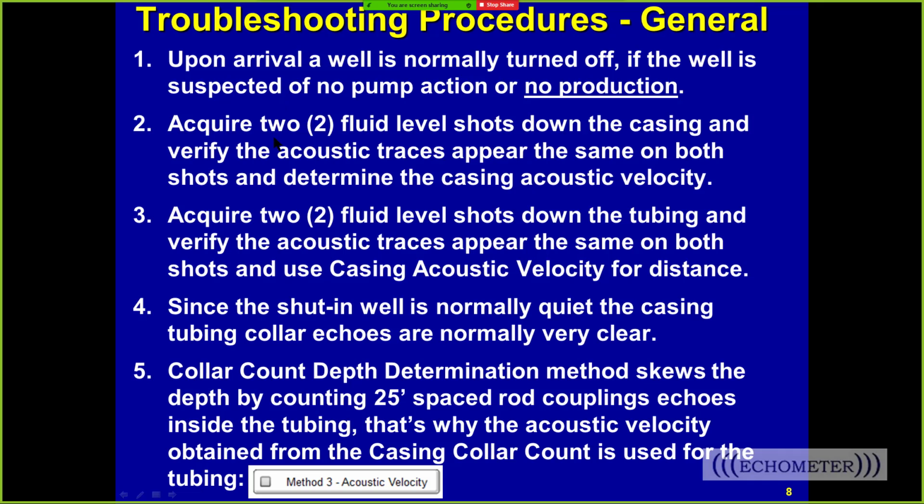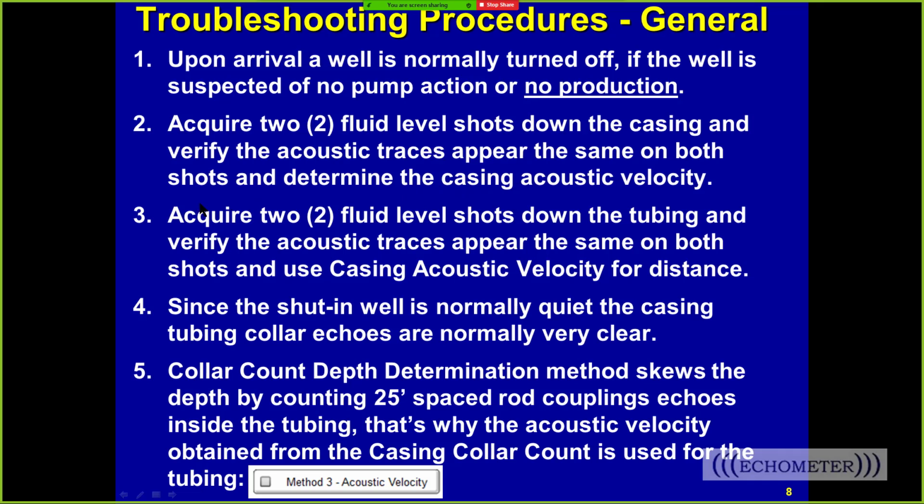And you come to the well and you take 2 fluid level shots down the casing and verify that the echoes are the same and determine the casing acoustic velocity. And you're assuming that there's a hole because there's no production at the surface, or maybe even you see an upkick and you've got gas communication between tubing and casing.